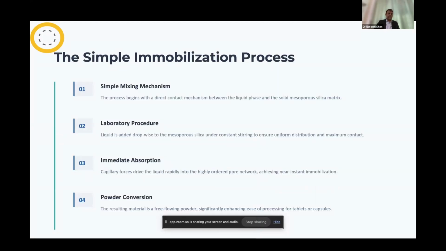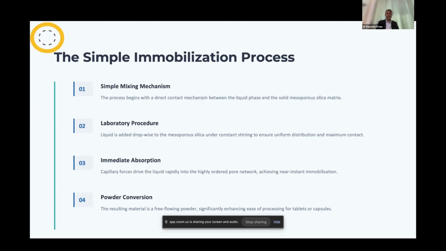Another very important thing is that nothing very crucial is required in the process to convert from oil to powder. It is just simple mixing, and you will get a free-flowing powder. If you can please mail me, I can share how in the lab we have converted from oil to powder.